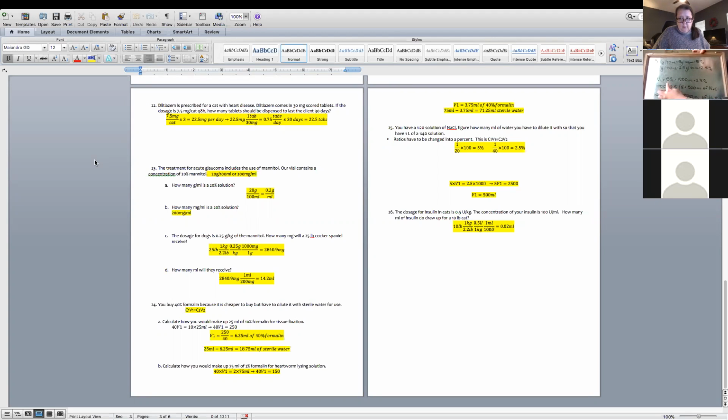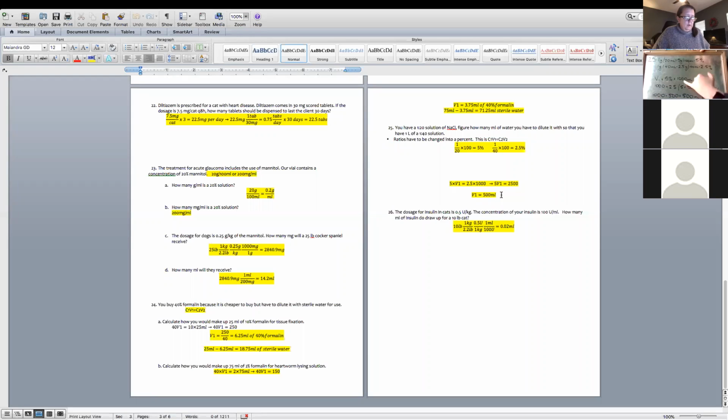So when I set that up as the volume concentration ratio, V1 times 5% is the same as 1,000 milliliters times 2.5%. So I took 1,000 times 2.5 divided by 5, and that gave me 500 milliliters of NaCl.